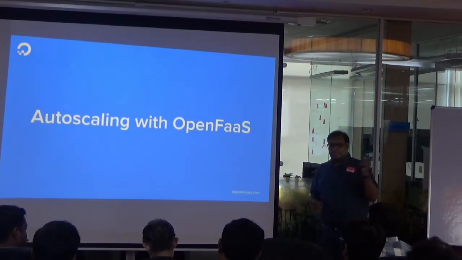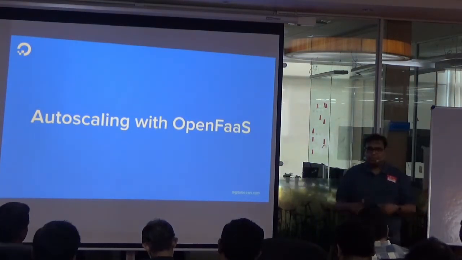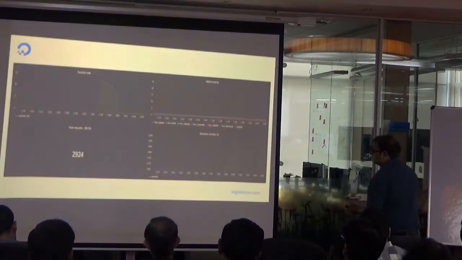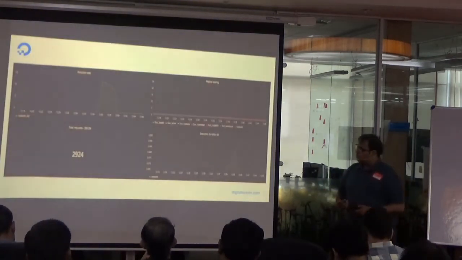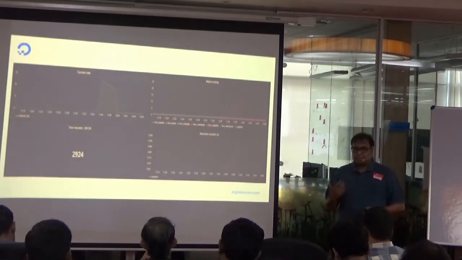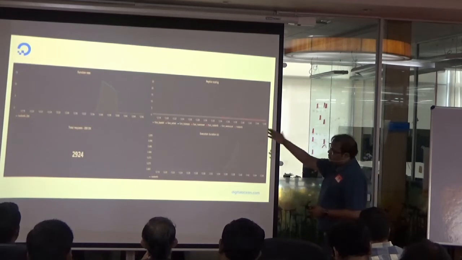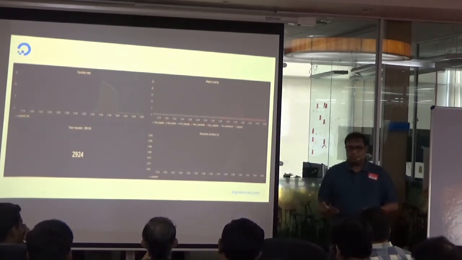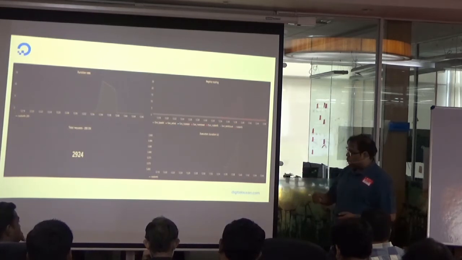All these things I will repeat, with a lot of concepts, while doing the demo. But one other thing I wanted to show was the auto scaling that OpenFaaS has. There is a ready-built Grafana dashboard available, and you can install it.